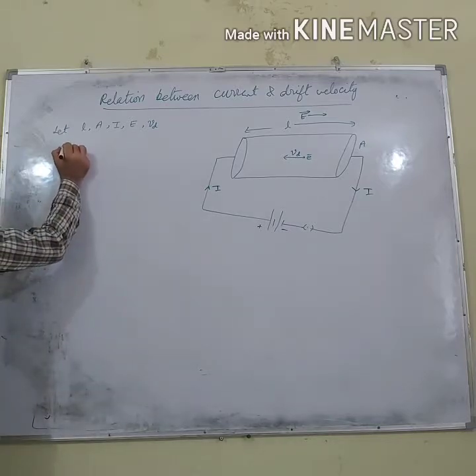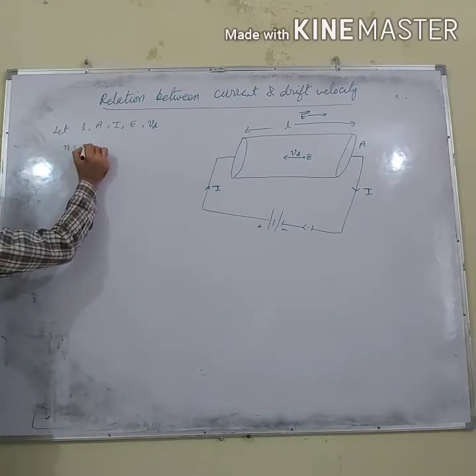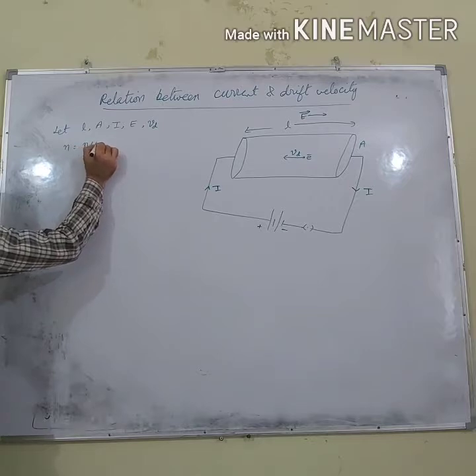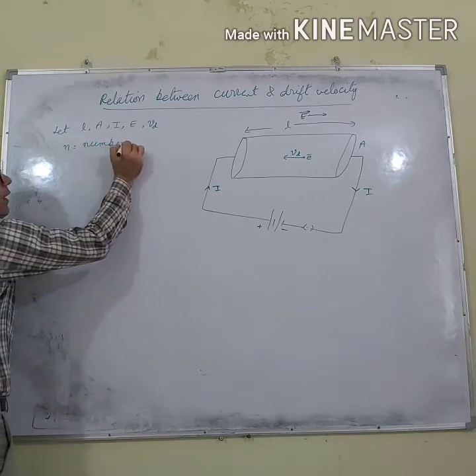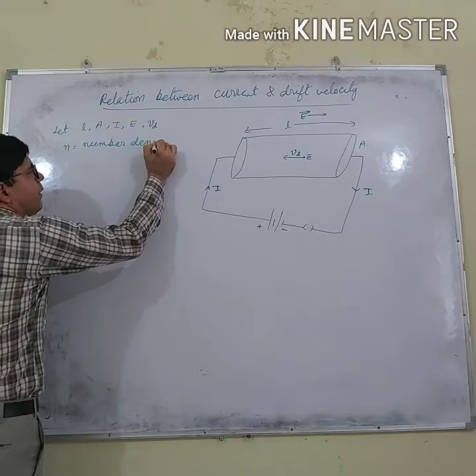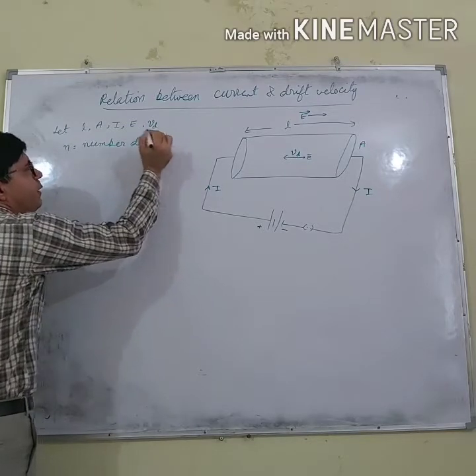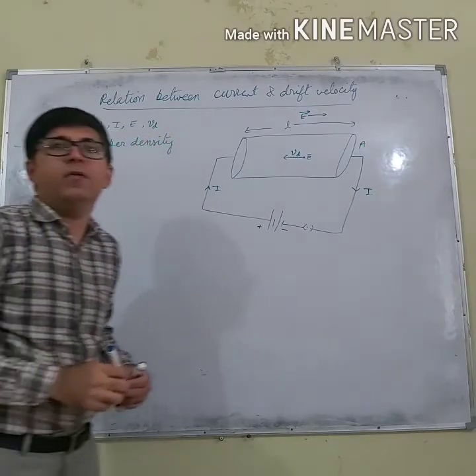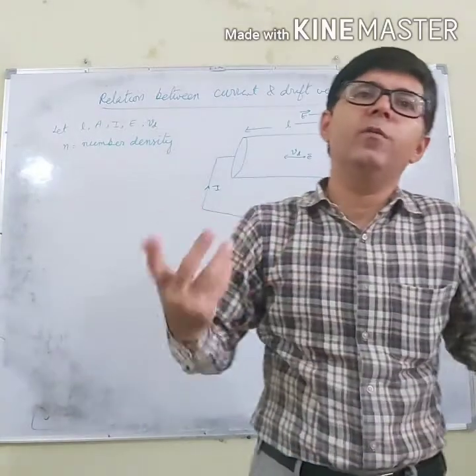Here, let n represent a term called the number density. Number density means the number of electrons present per unit volume.